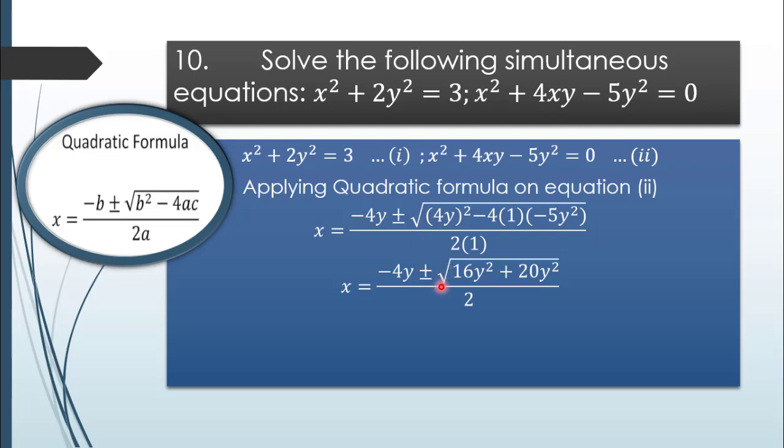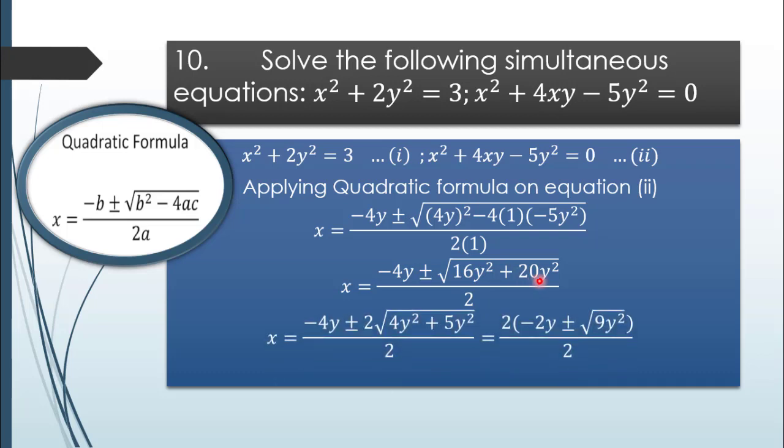Simplifying the terms in the square root, we get 16y square plus 20y square. After solving this, we get minus 2y plus minus square root of 9y square over 2.